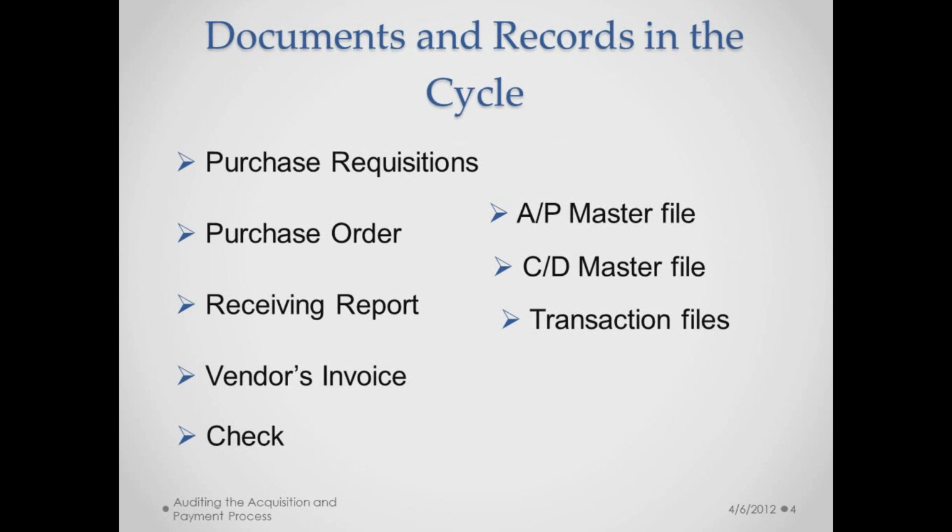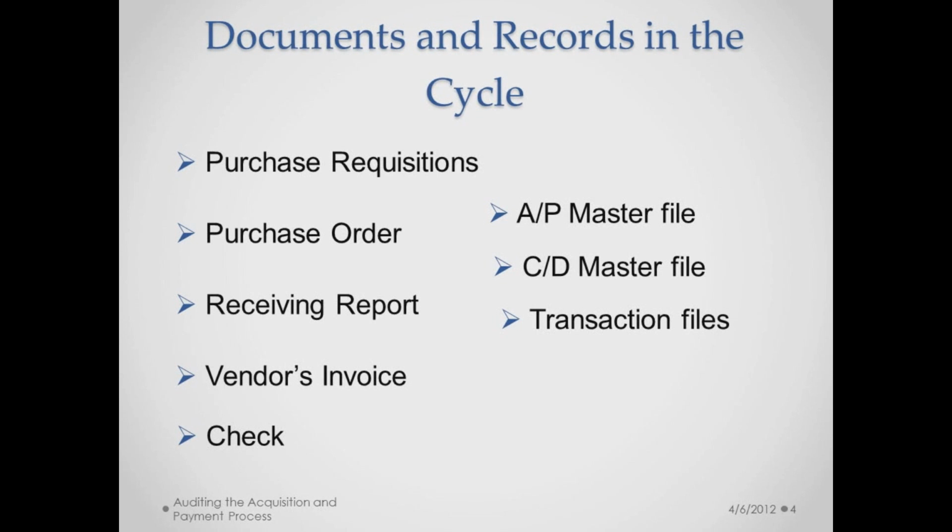In terms of the documents and the records in those cycles, you have the purchase requisition. You may or may not see purchase requisitions in an organization. It depends on the organization and their organizational structure. But a purchase requisition is usually generated internally, like the purchase order is generated internally.